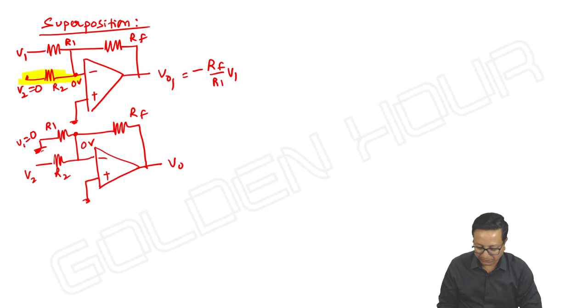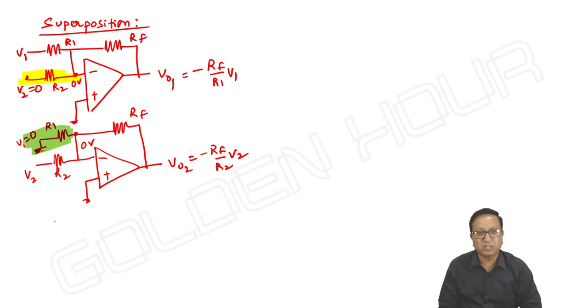Now if you observe this, there is no role of this R1. I can simply remove this. Or if I take the node equation here, it is minus RF by R2 into V2. Let me take it as VO2.